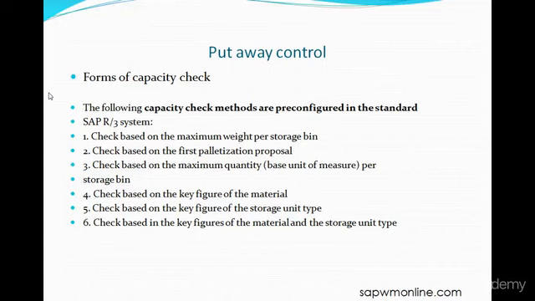You can have a check based on the key figure of the material, a check based on the key figure of the storage unit type, and a check based on the key figure of materials and the storage unit type.